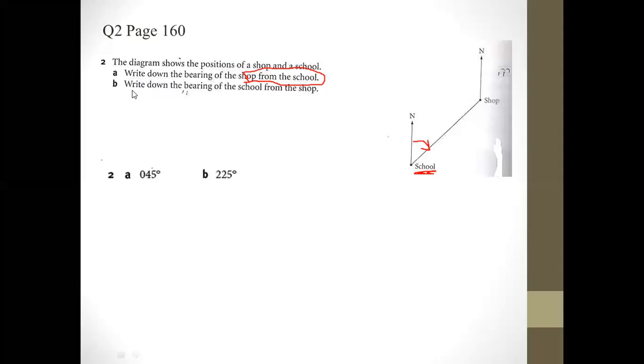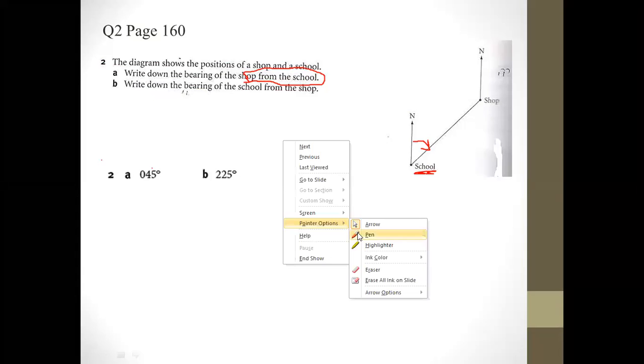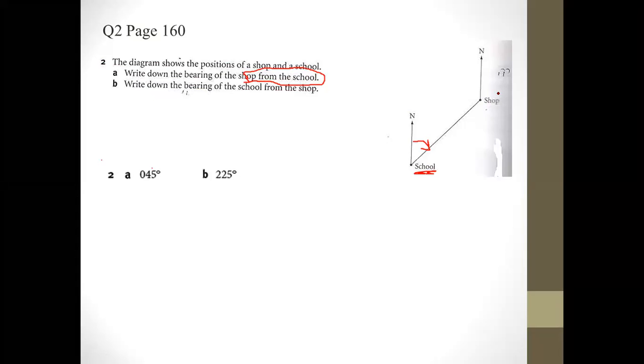Now, when we want to write down the bearing of school from the shop, this is another question. How can we find the bearing of the school from the shop? From the shop, that means my starting point is the shop. And if I want to go clockwise, due north, that means I need to measure this angle.